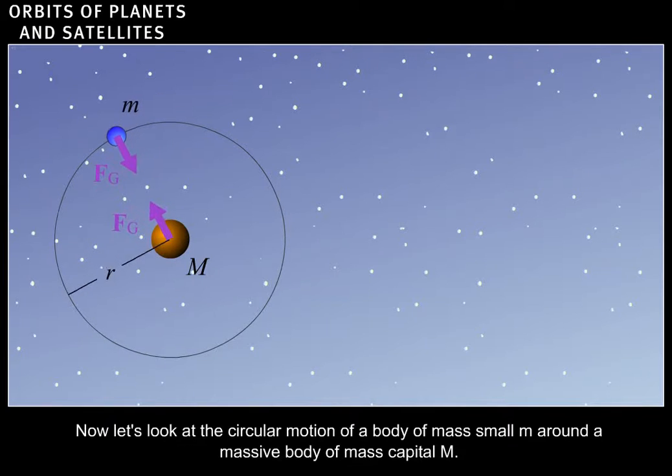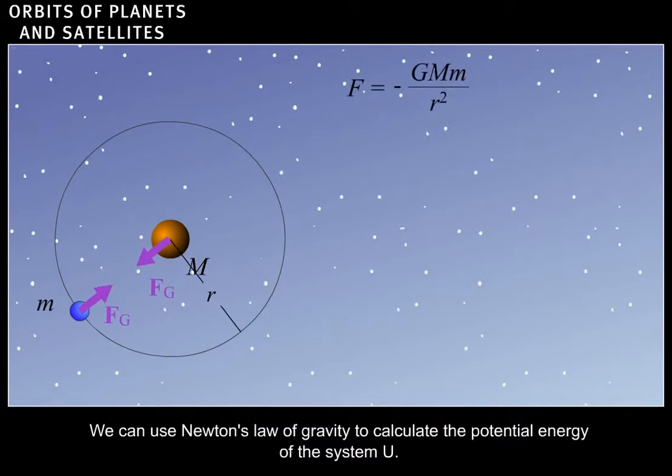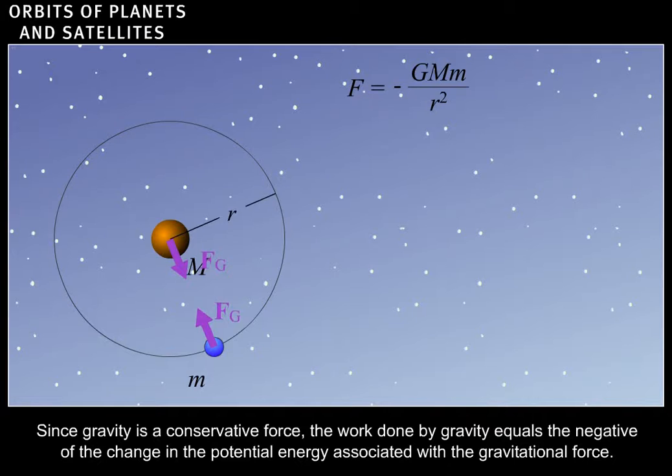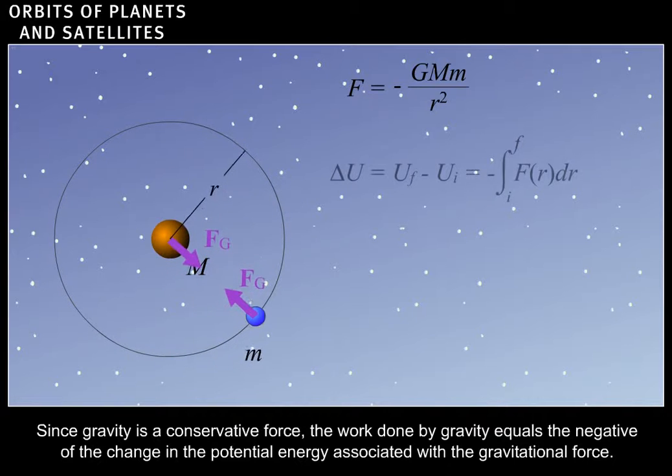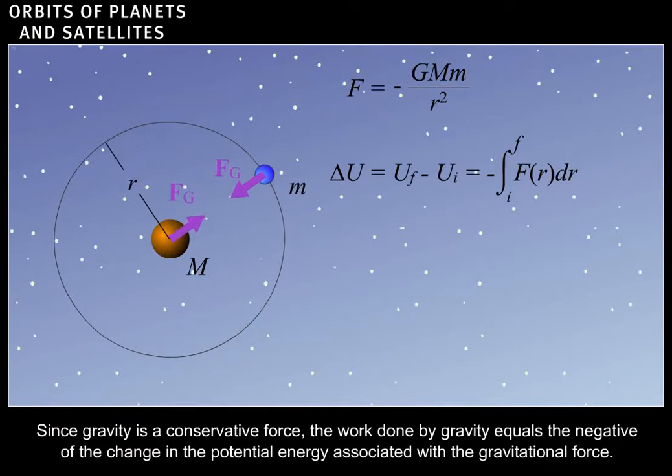Now let's look at the circular motion of a body of mass small m around a massive body of mass capital M. We can use Newton's law of gravity to calculate the potential energy of the system, U. Since gravity is a conservative force, the work done by gravity equals the negative of the change in the potential energy associated with the gravitational force.